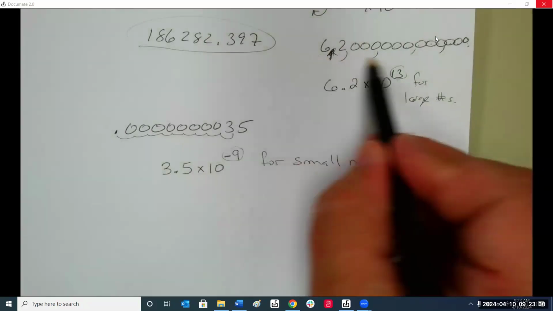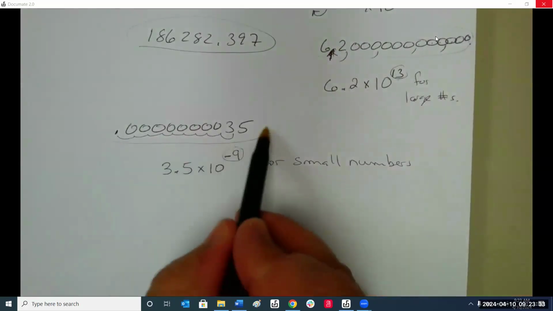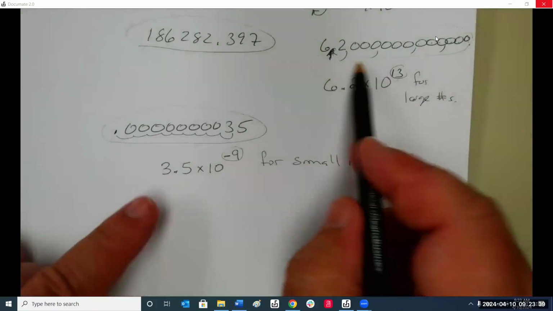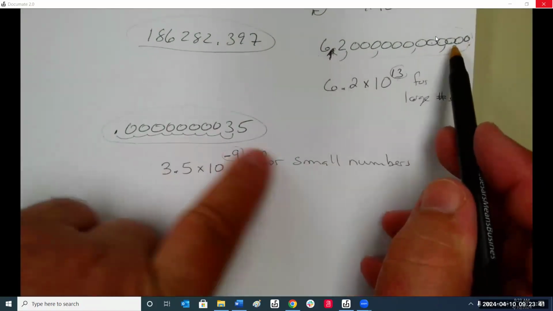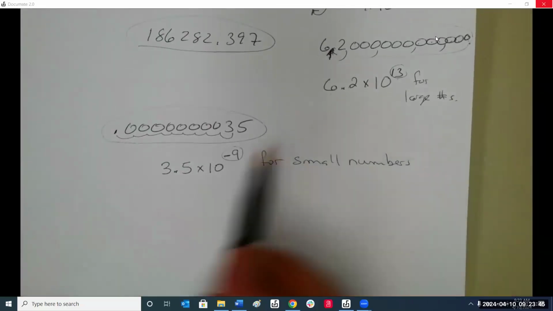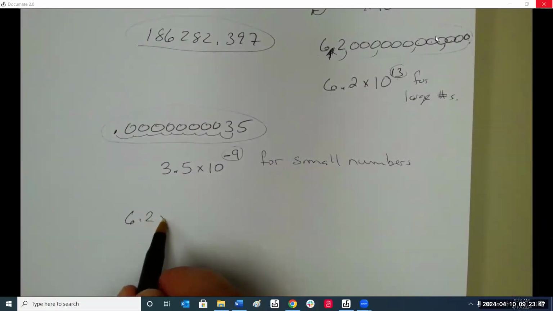So what if we took these two numbers and multiplied them together? If we took 6,200 and 0.00035 and multiplied them together, it's a lot of writing. These would make it a lot easier to deal with.